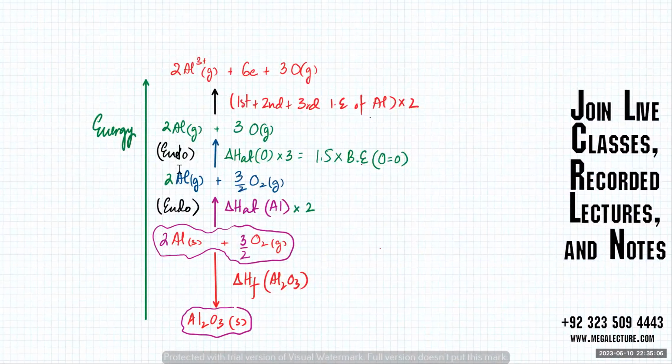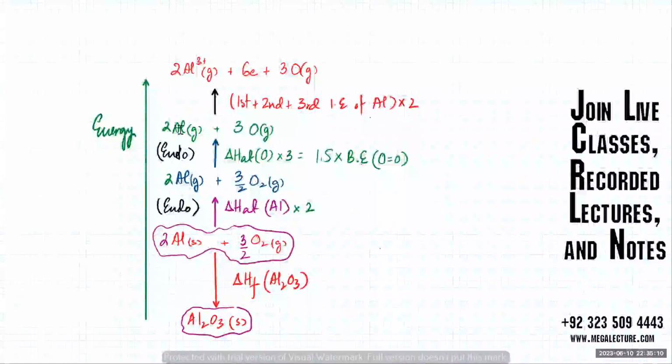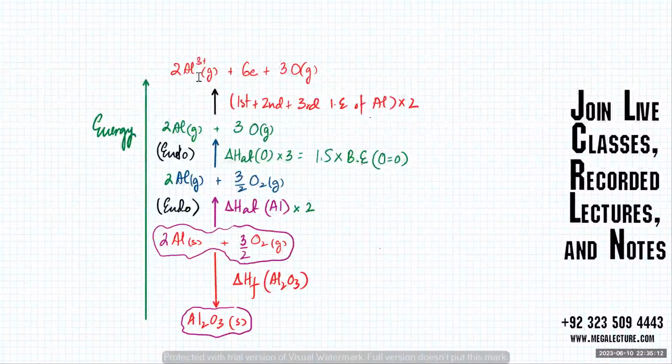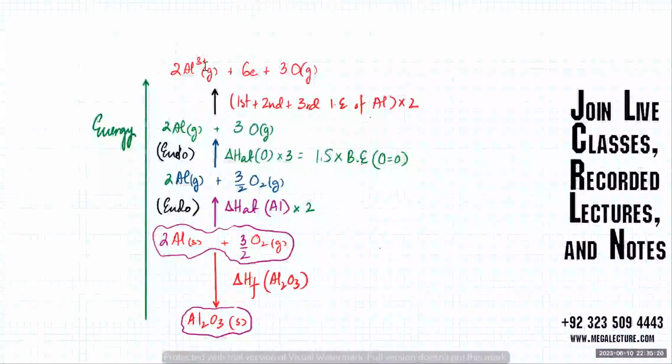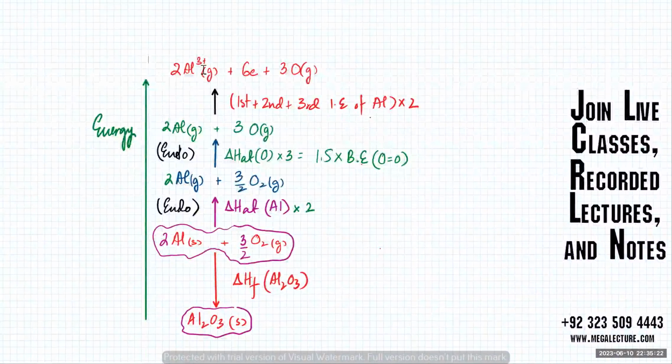What do I do next? I turn it into an ion. Once I've broken the metallic bonds, I force it to lose electrons. So that's the first plus second plus third ionization energy of aluminium, right? And that's times 2 because there are 2 aluminiums. So if aluminium loses 3 electrons, in total it's going to lose 6 electrons if there are 2 aluminiums. Is that clear?